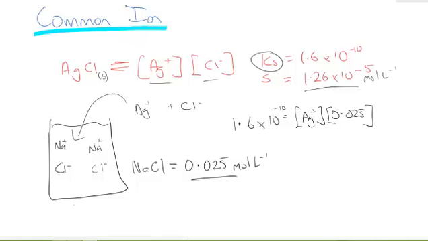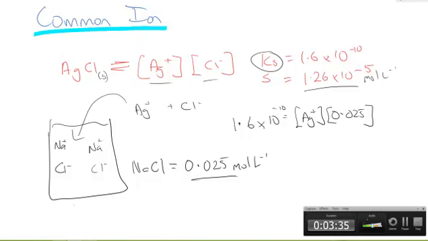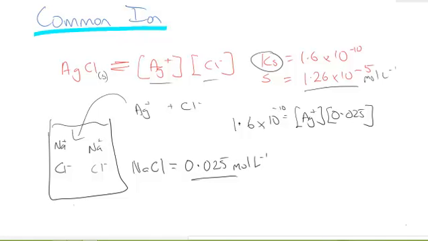Now, if you're thinking about this, you'll be aware that if this concentration in here is equal to 0.025, and we're adding chloride ions to it, surely that means that the actual concentration of the chloride ions is going to be more. It is going to be more.